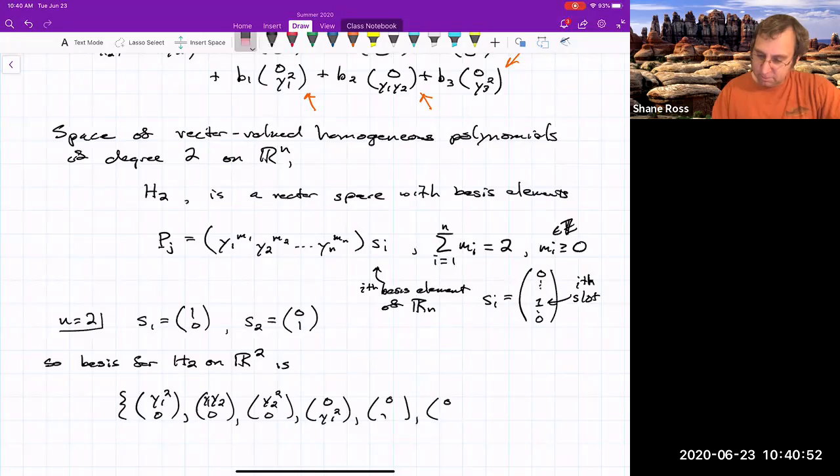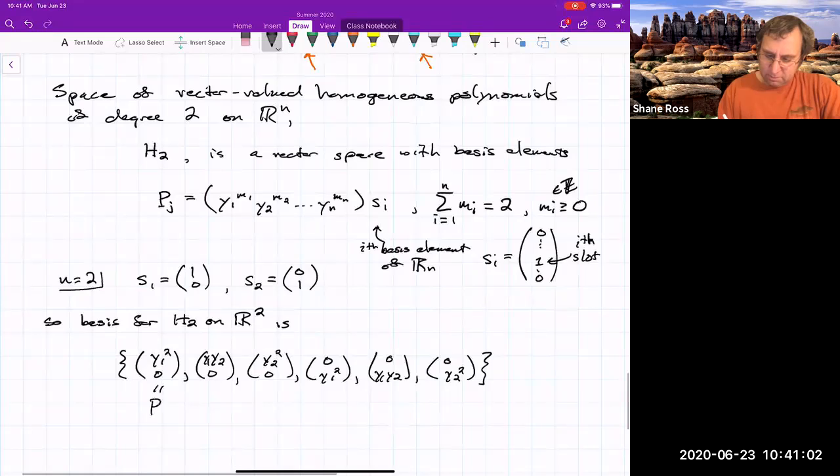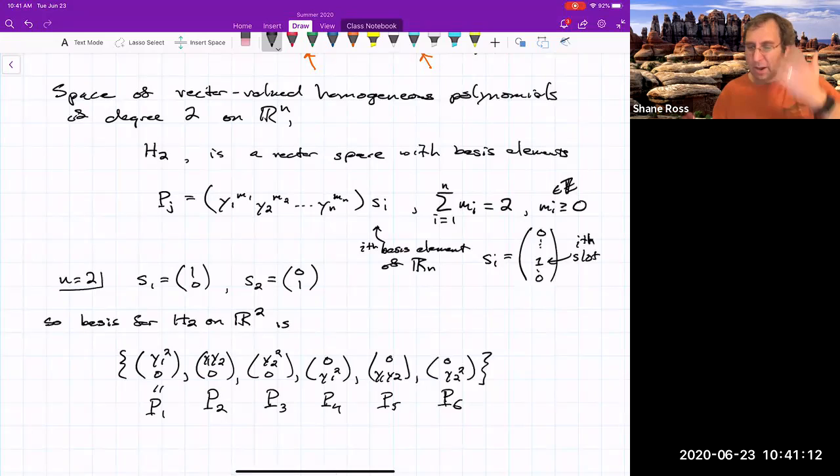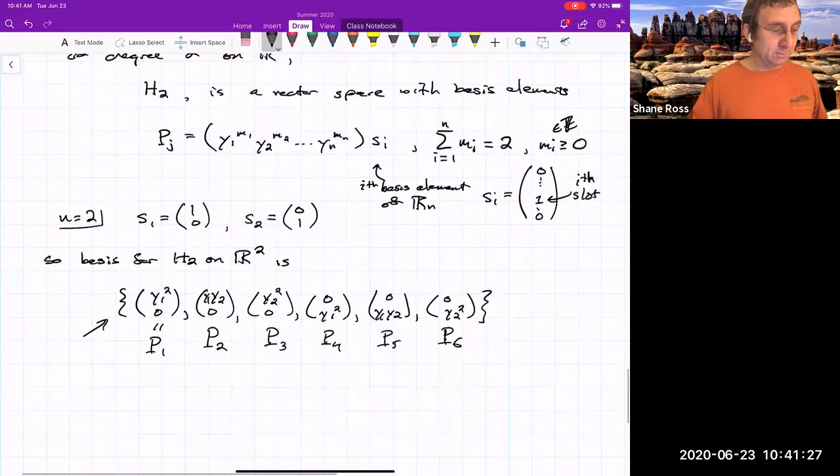Just to keep the ordering the same, y1 squared, y1 y2, and then y2 squared. Sometimes we might call these P1, P2, P3, P4, P5, P6. There's some formula for how many basis elements there are, but it's finite. So you can think of the vector space H2 on R2 as spanned by these 6 vectors. So it's a 6-dimensional vector space.